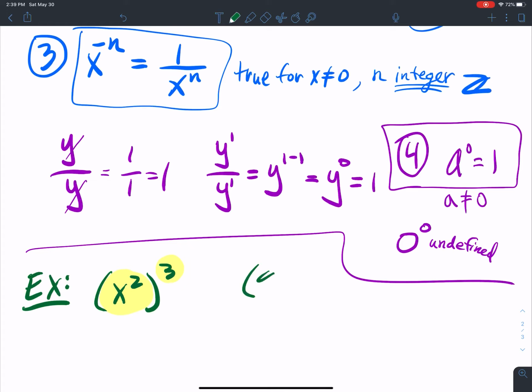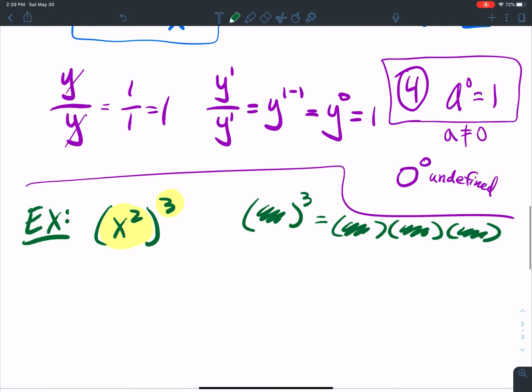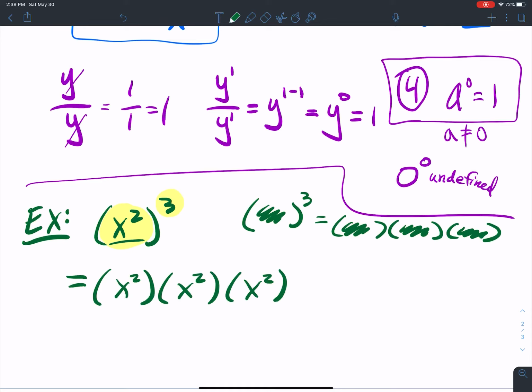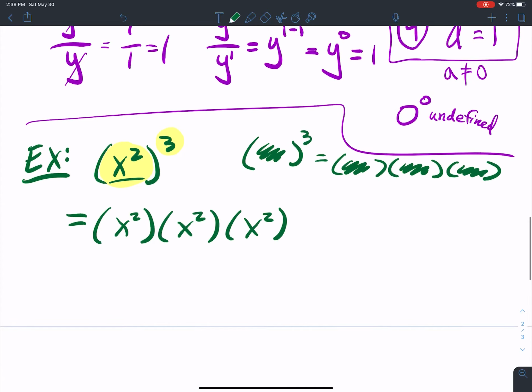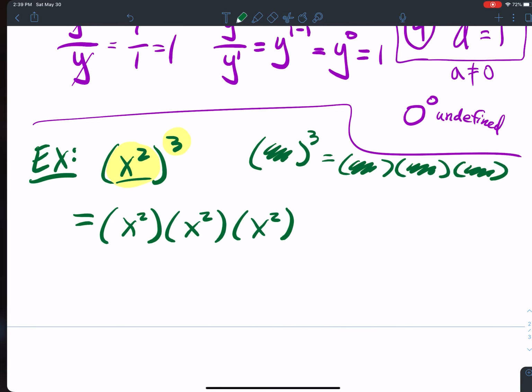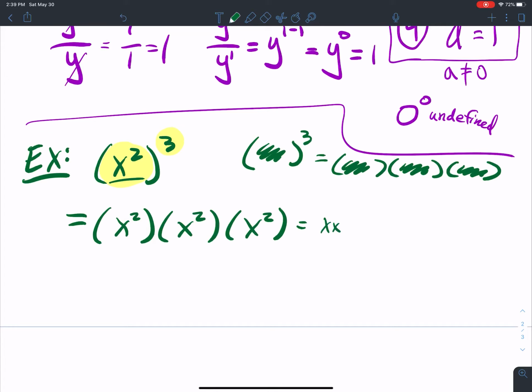So if I ever see something cubed, that means it's something times that same something. Okay? So if I wrote this out, what's the something inside? It's x squared times x squared times x squared. Okay? Now, how many x squareds are there? Well, you could write this out. You'd have xx, xx, xx, right? How many x's total? There's 6, so that's x to the 6th.